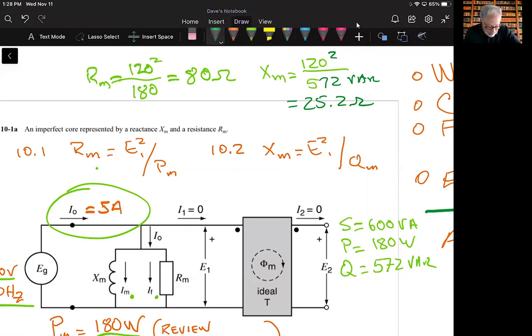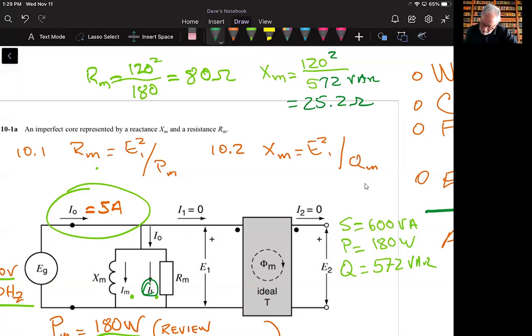And then finally, in part C, he's asking what is the current needed to supply the iron losses that we have calculated. And we can easily find this, I sub F, this guy right here.